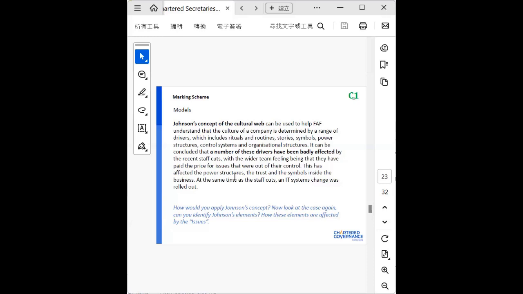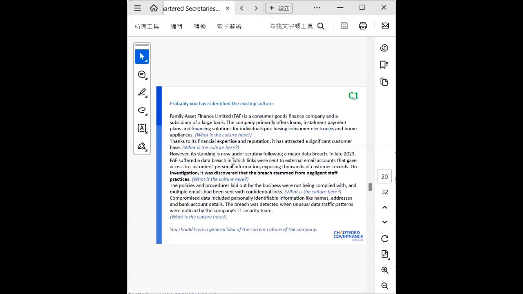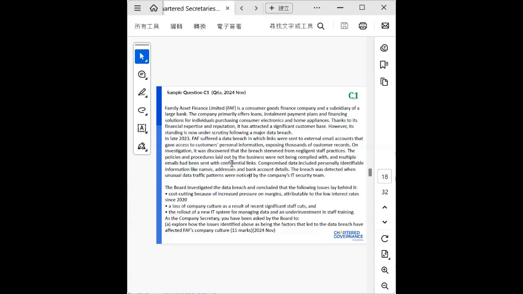So actually, you have to identify the issues in Johnson's elements and how these are affected. The issues are the three or four mentioned in the case: cost cutting, staff cuts, and the IT system for managing. These are the issues faced by the company.